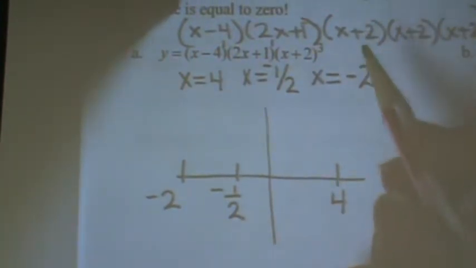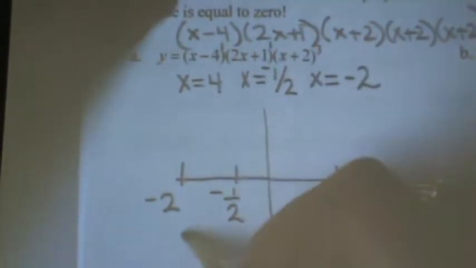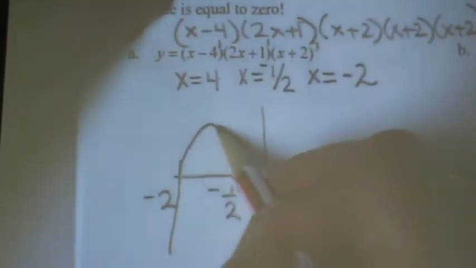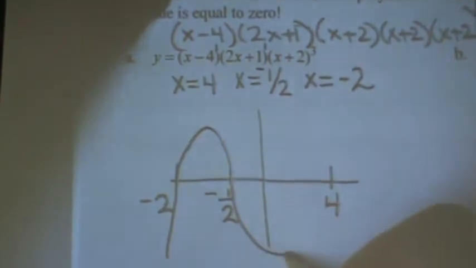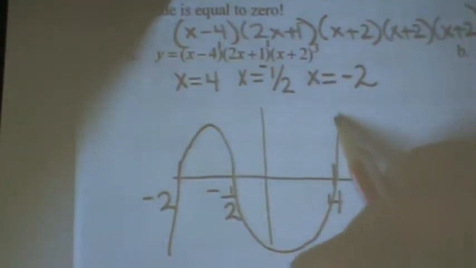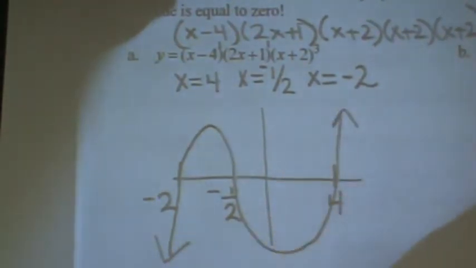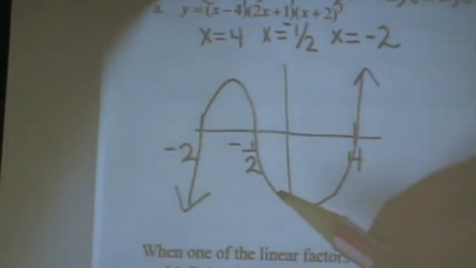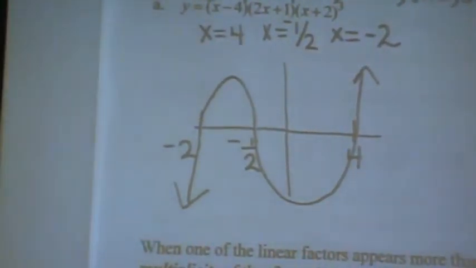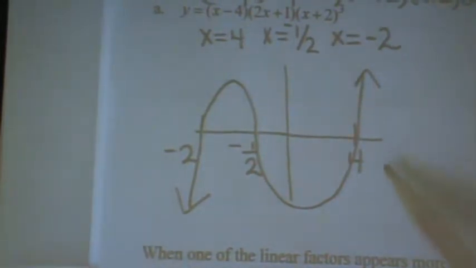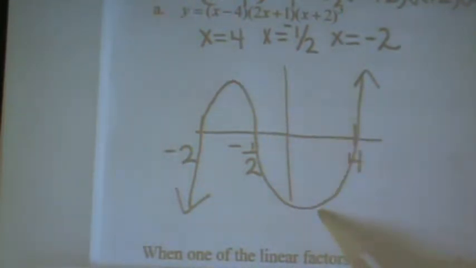So what's gonna happen is our graph, this is a degree of 5. It's gonna come through here, it's gonna come through here, and it's gonna come through here. Now, it may do something like this. Because the degree is 5, this thing could have 4 turns, right?